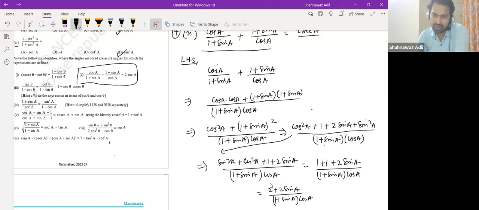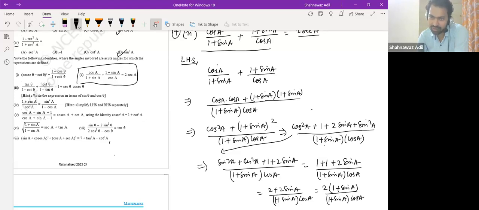Can we take it out common? Can we take 2 common? Yeah. So let us take 2 common. So this is 1 plus sin A. And then we have 1 plus sin A, and we have cos A.